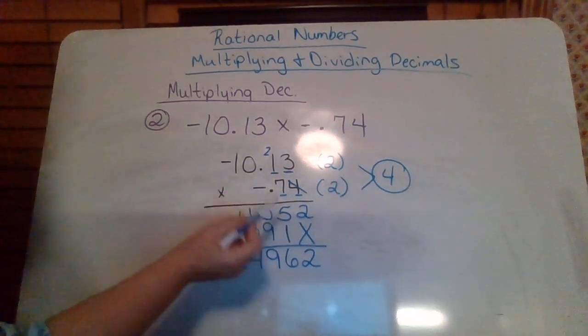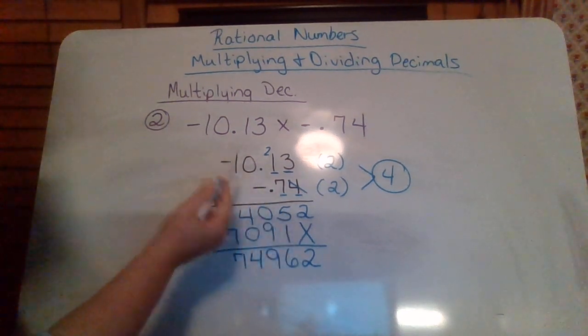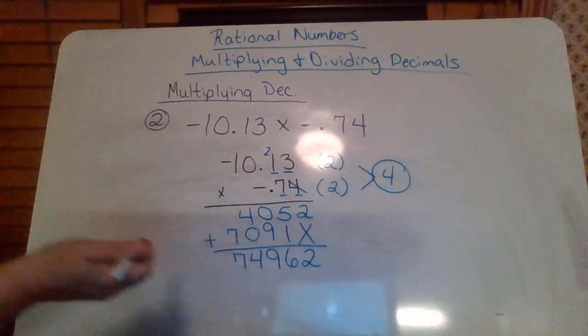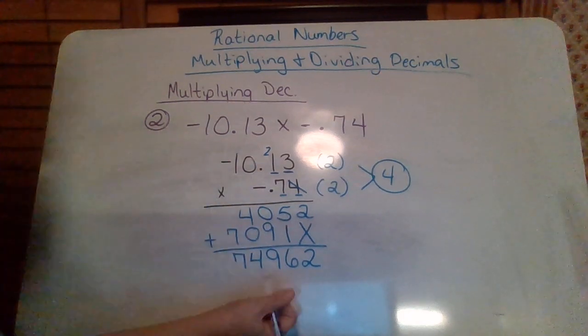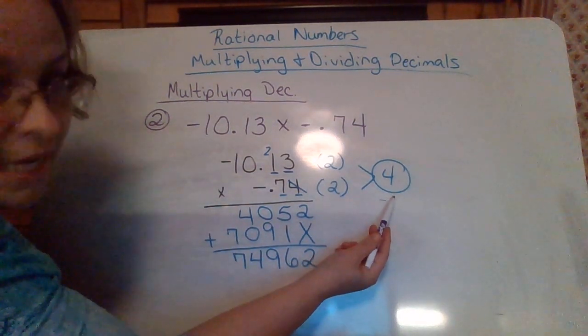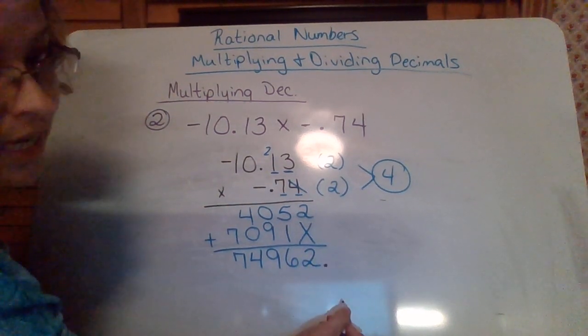Now, I have a negative times a negative when we're talking about multiplication. If your signs are the same, your answer is always positive. So the last thing I have to worry about are my decimal places. Right here, I have a total of 4 decimal places. So remember, your decimal starts at the end.